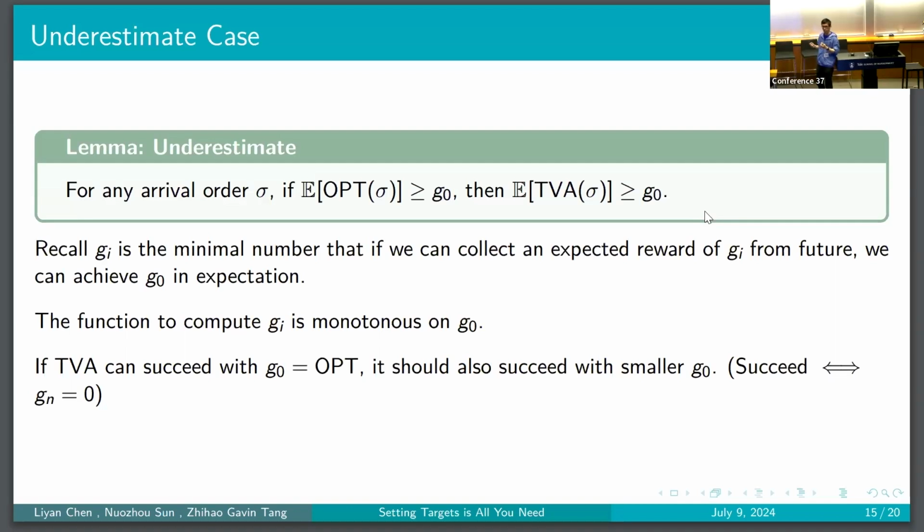So if our algorithm can succeed with G0 equal to optimal, then it should also succeed with smaller G0. Here, succeed means Gn equals 0 in the end, because it means we no longer need additional reward to achieve G0. And this is why the lemma holds.